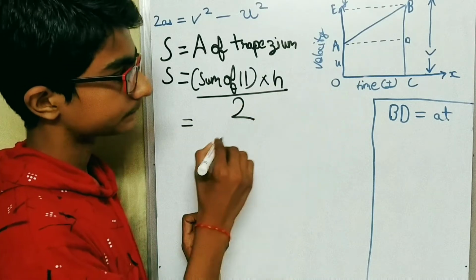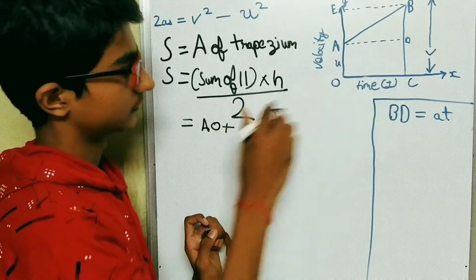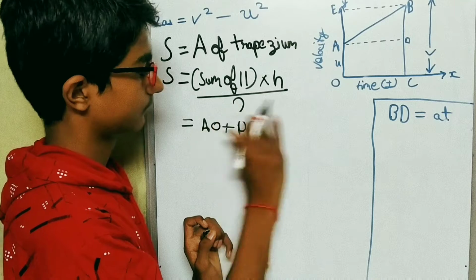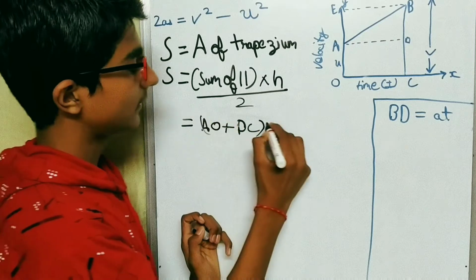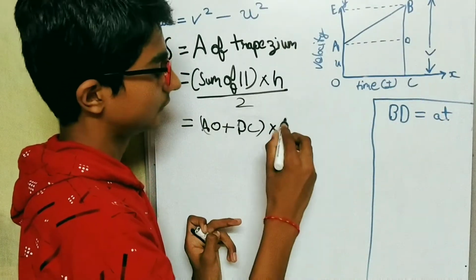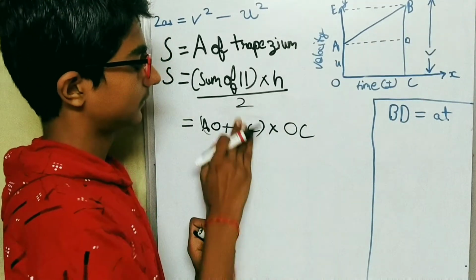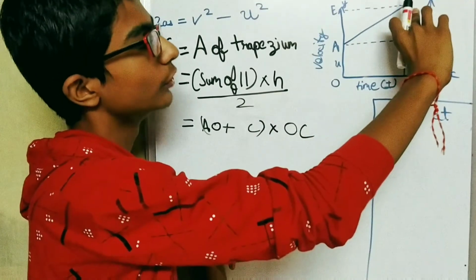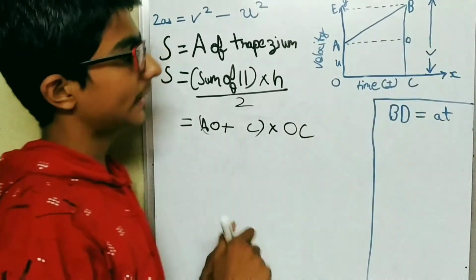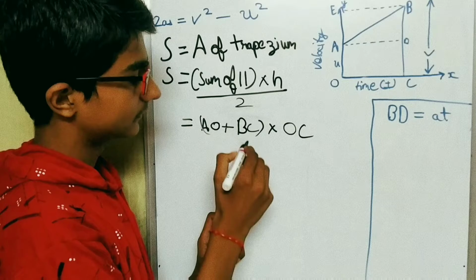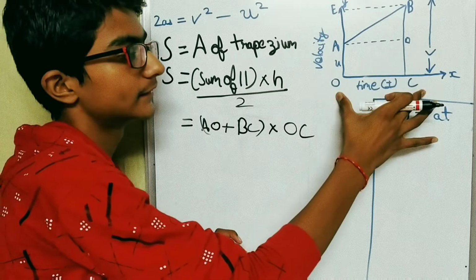So I'll write here AO plus BC, bracket, into height, which is OC. Here AO is u, and not DC, sorry. Here we will take the height as this whole, because this is the area of trapezium, not only the area of triangle. So this whole will be taken, and that will be BC. These are the parallel sides and this is the height.